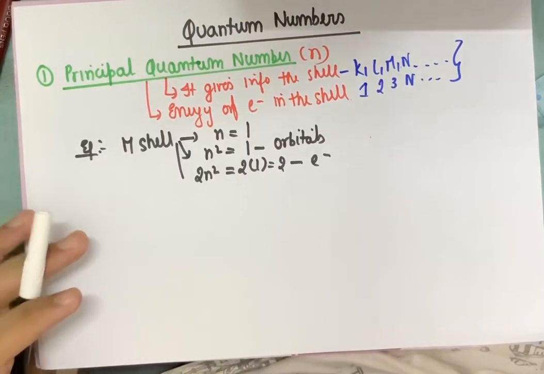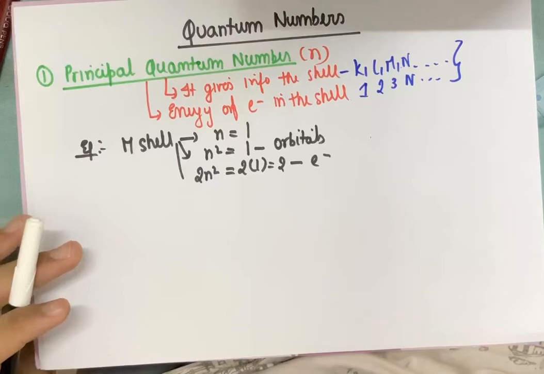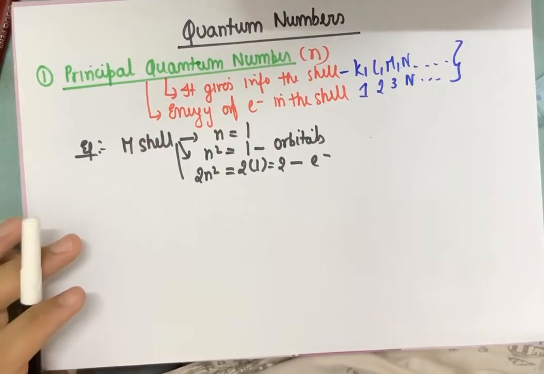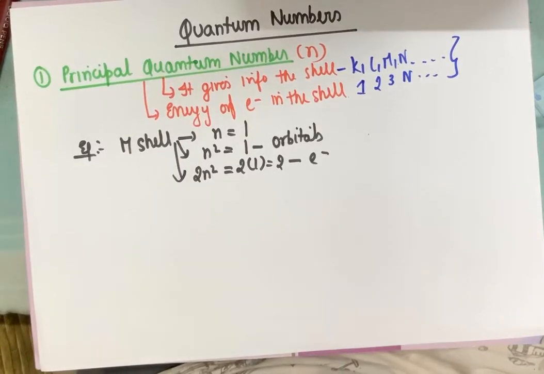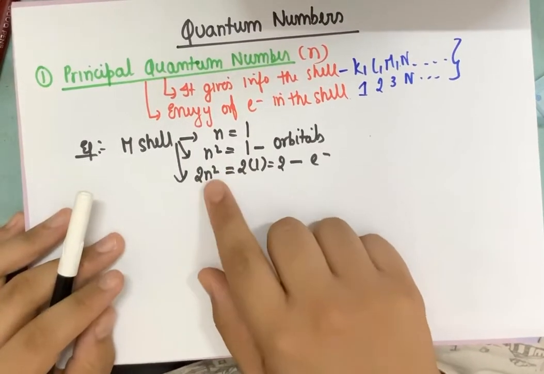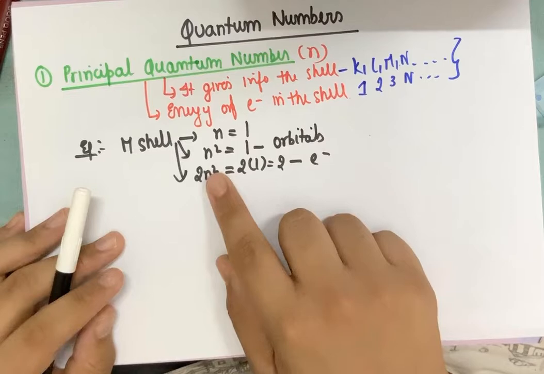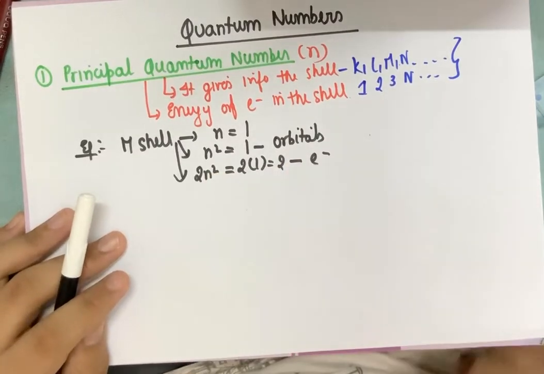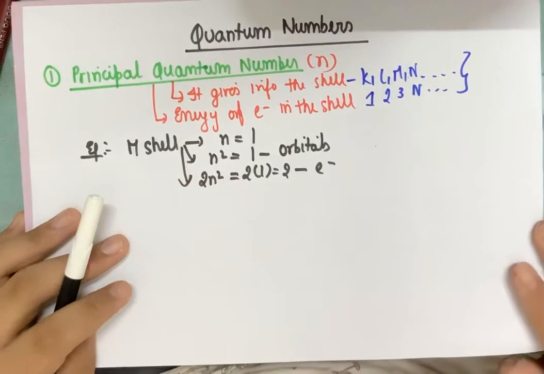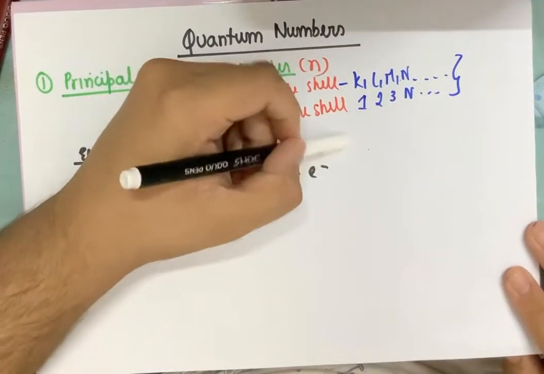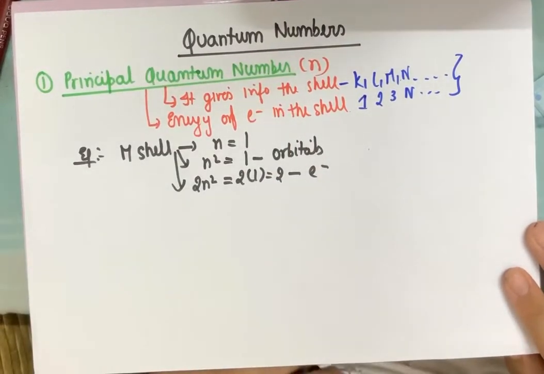This is according to a principle called Pauli's exclusion principle, which you will understand in the upcoming videos. This formula also will be taken up in one of the next videos. And the maximum electrons in a shell can be 2n square, which is 2 into the principal quantum number square, which here in this case becomes 2. So from this we can derive so much information. These 2 points will be clearer when we take up the Pauli's exclusion principle in my next video.